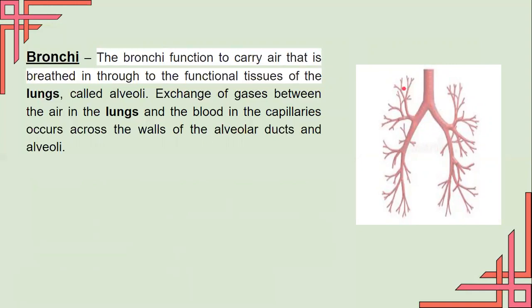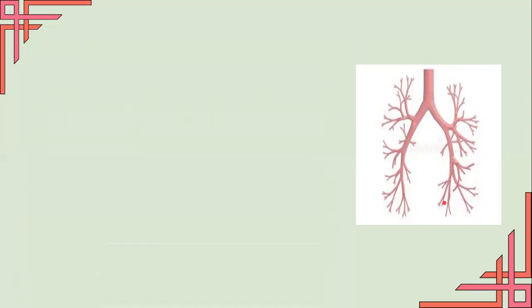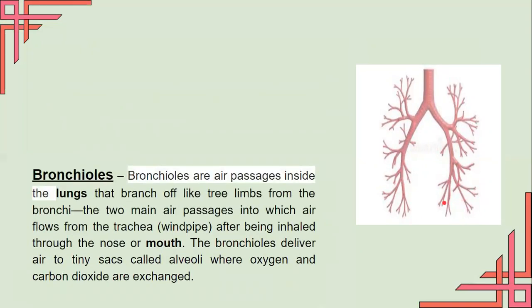What are these? Do you have an idea? What are these? Yes, that is the bronchioles. Bronchioles are air passages inside the lungs that branch off like tree limbs from the bronchi.